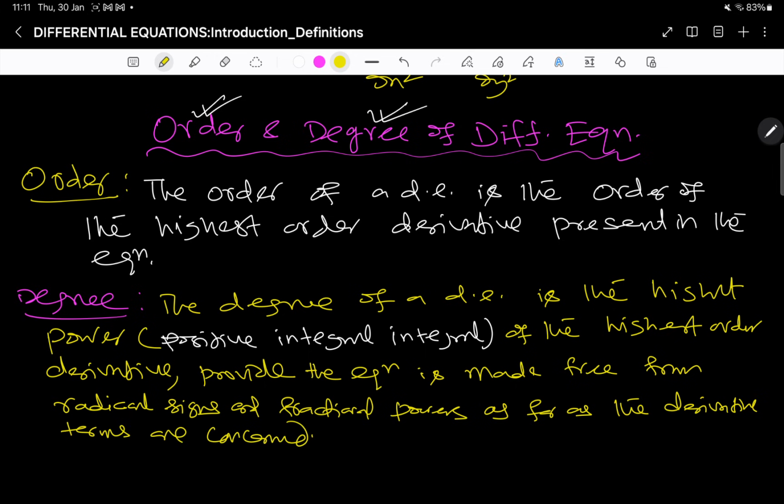That means to say, it must be the highest integral power of the highest order derivative, provided we have made it free wherever the differential derivative terms are there. It should be free from the radical sign and the power should be free from fractions.